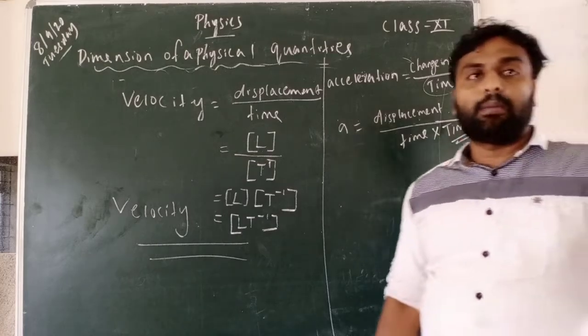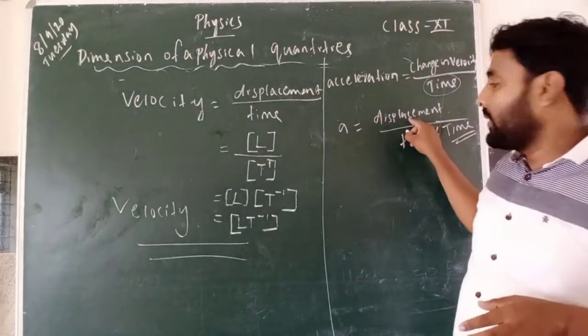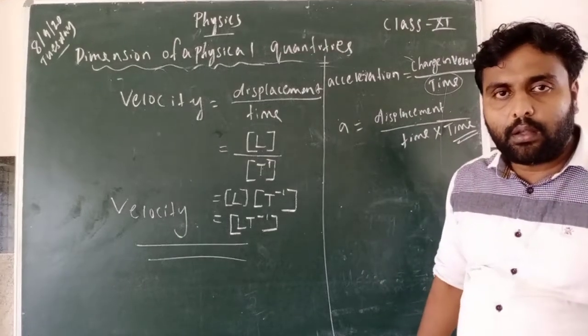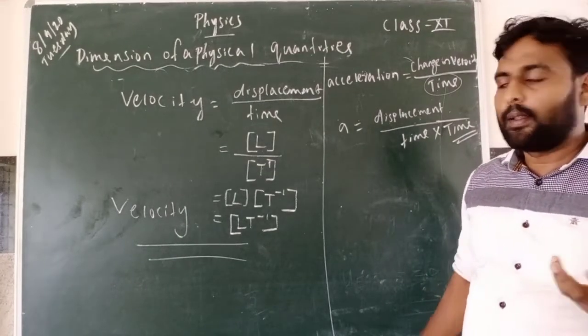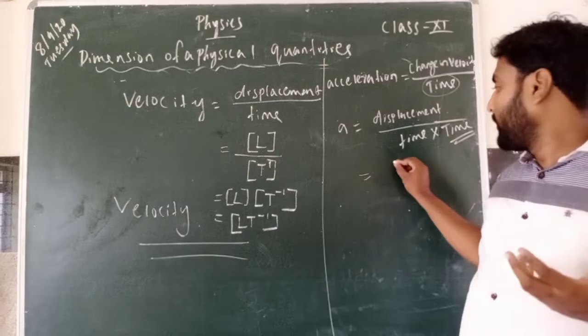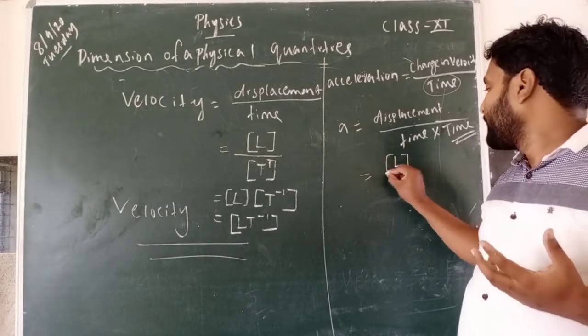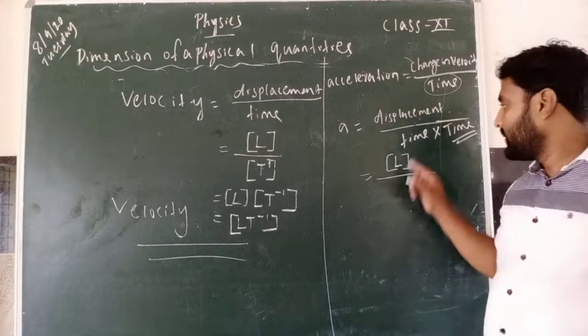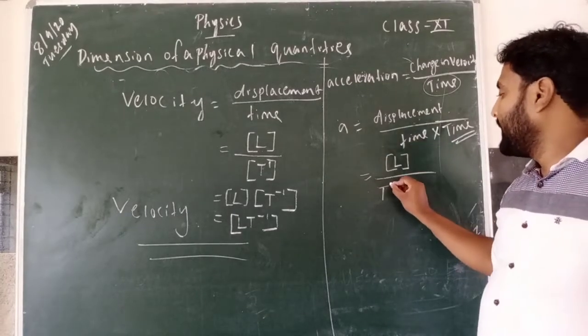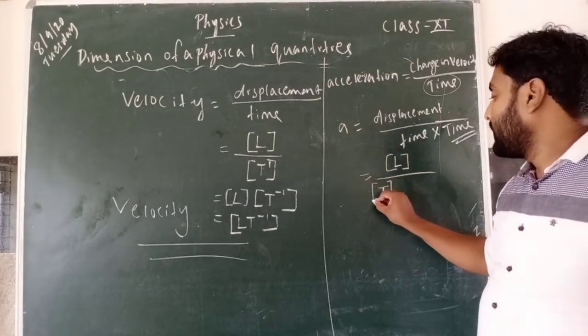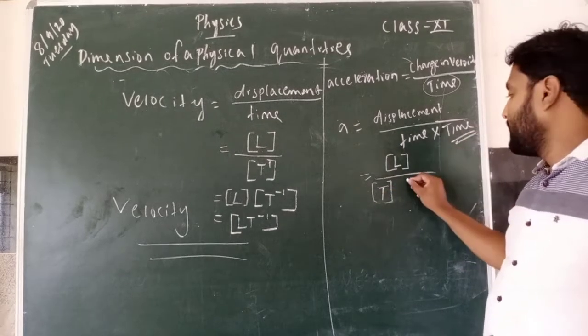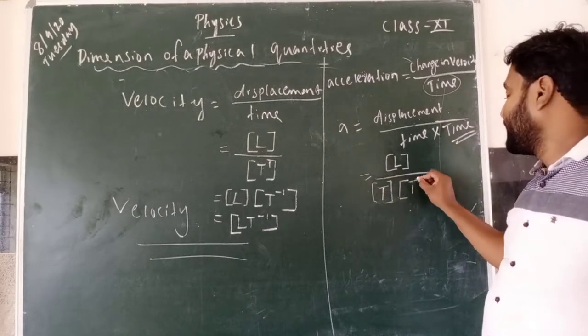Now write the dimensional formula. Displacement means length, so you can use L divided by time T. Again one more time, so T.